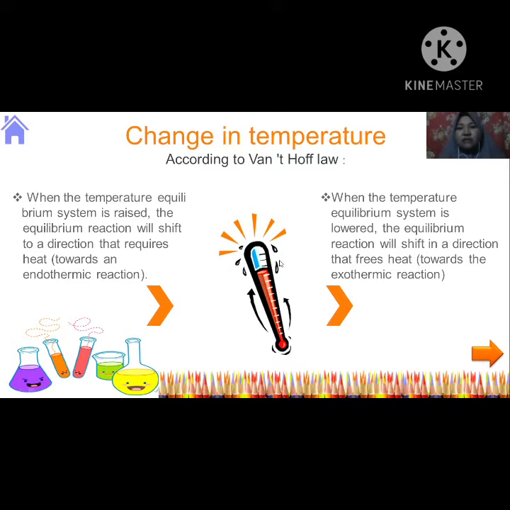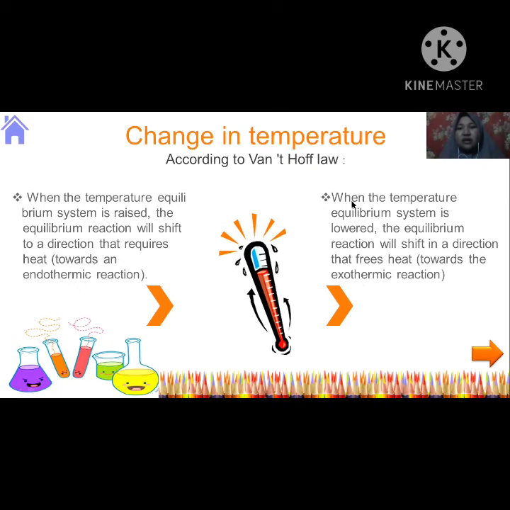For example, if there is a reaction that has a known delta H, we can know from the sign of the delta H. If it is endothermic, the sign is positive.